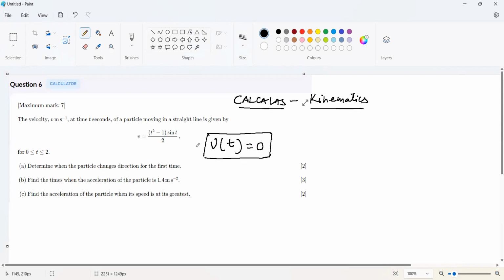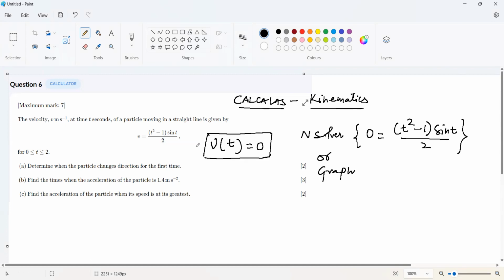So either you can use the numeric solver in your GDC, where you write 0 is equal to (t square minus 1) sine t upon 2 and solve it, or you can use the graph.